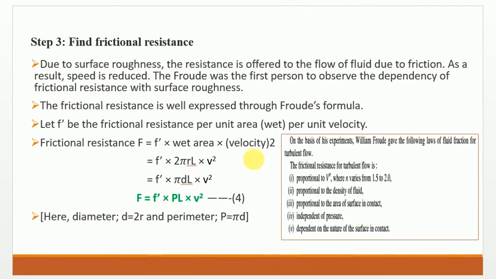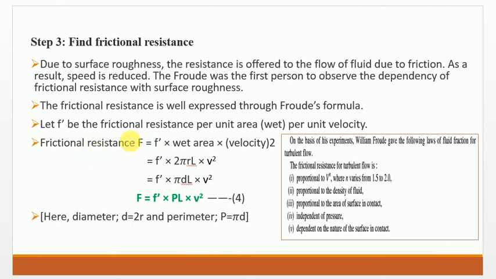Based on that, the frictional resistance will be equal to F dash, which is the frictional resistance per unit wetted area per unit velocity. That is denoted by F dash.